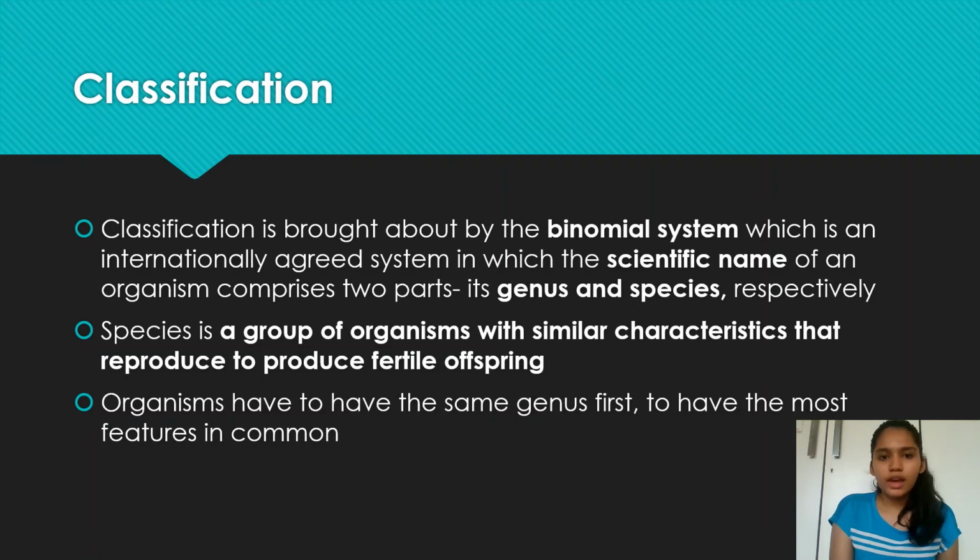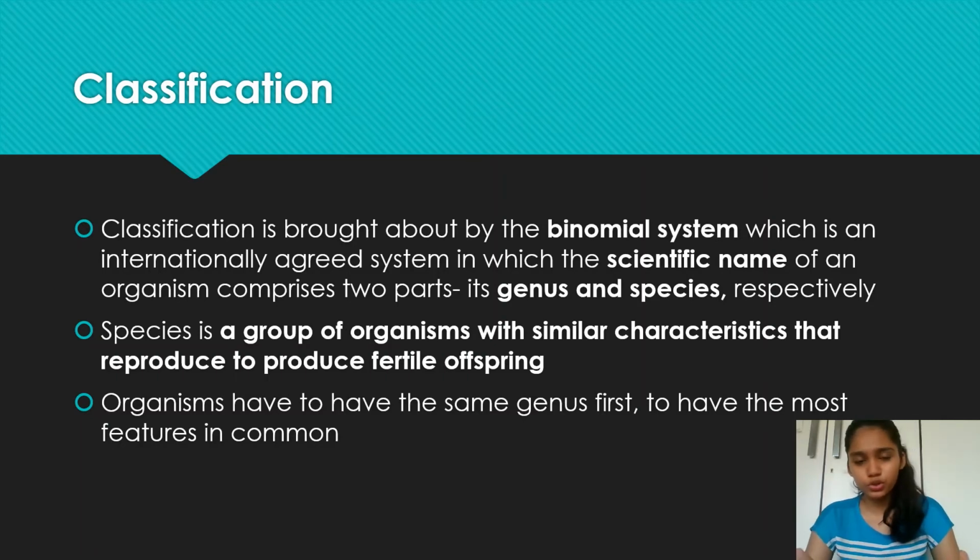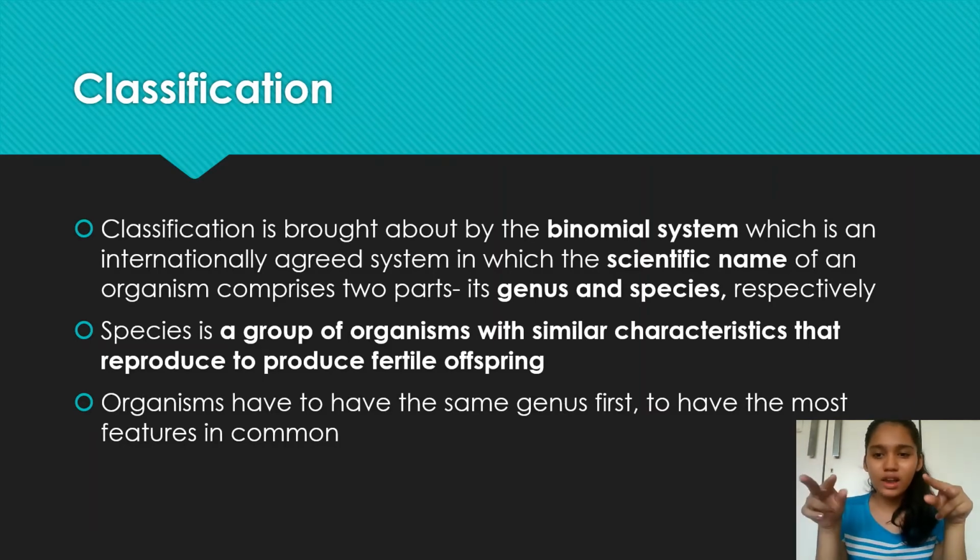Yeah, so the third point, if you read it, organisms have to have the same genus first to have the most features in common. I've made this mistake before. So in MCQs, they'll probably give you a series of 6 organisms with scientific names, and they'll tell you which two organisms have the most features in common. So what I usually used to do is first I used to select the 2 organisms which had the same species and put them together but different genuses, but that's not right.